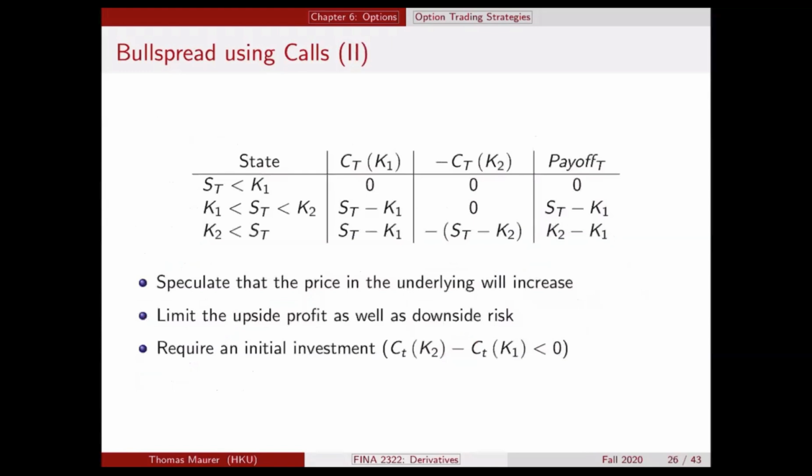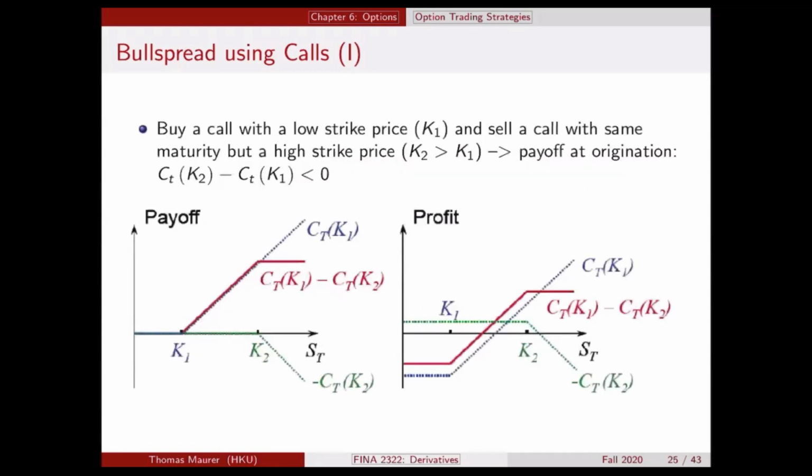Here I write again these payoffs of that bull spread in that table, depending on whether the price of the underlying is below K1, whether ST is between K1 and K2, or whether ST is above K2. What you see is that the payoff at maturity is 0 if S is less than K1, so that's what we had over here.